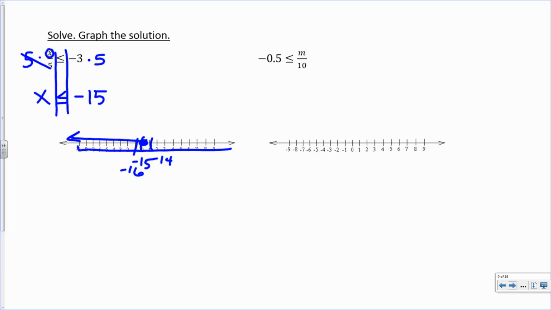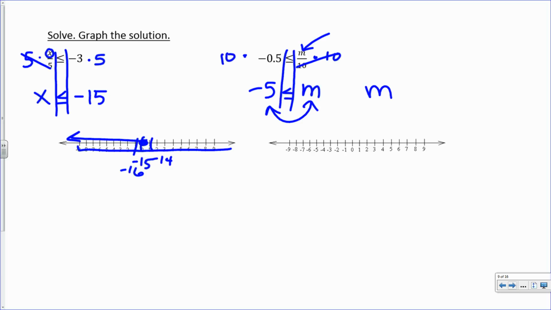The next one, you should draw your teeter-totter. Here's your variable. You say it's being divided by 10. The opposite would be to multiply by 10. These cancel. You have an m here, and negative half of 10 is negative 5. And you bring down your sign. Now, this one is written backwards. We're used to having the variable on the left, so you would want to rewrite it by really just switching everything around.